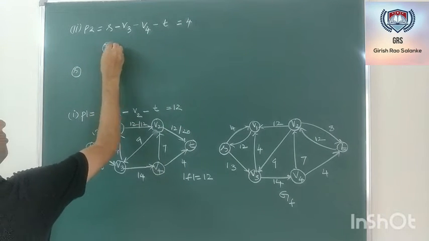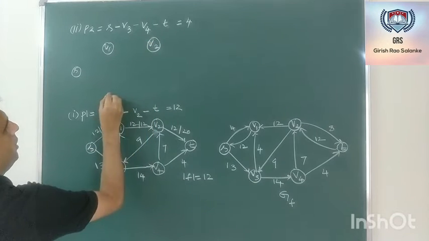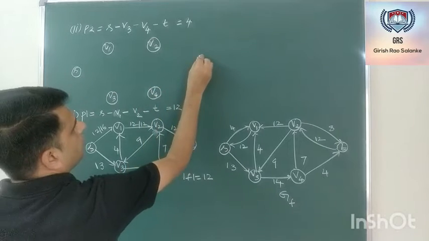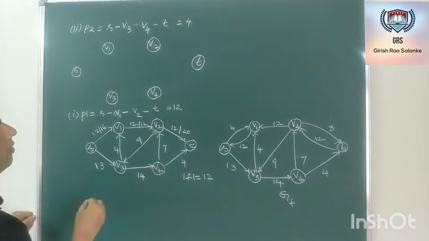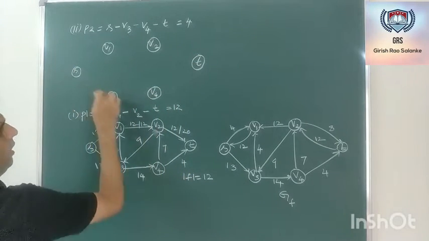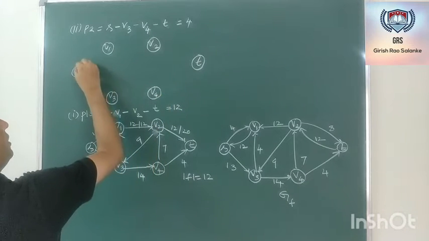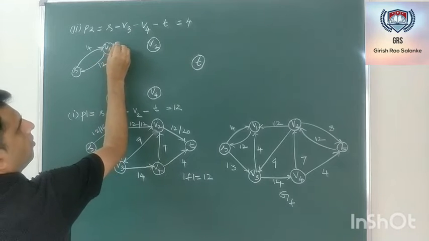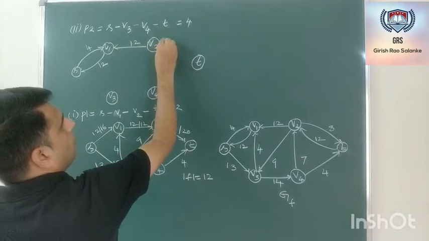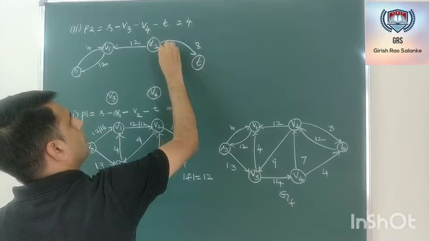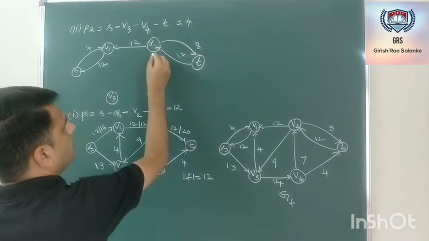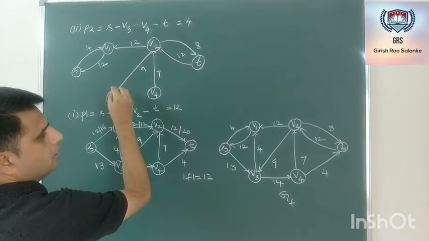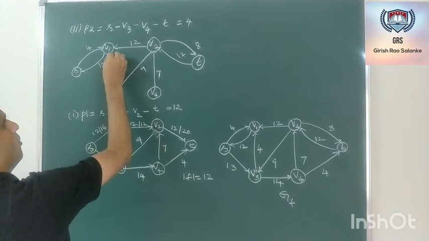V1, V2, V3, V4 and T. I need to update only these edges. All the other edges I will have as they are. This was 8. This was 12. This was 7, 9, 4.